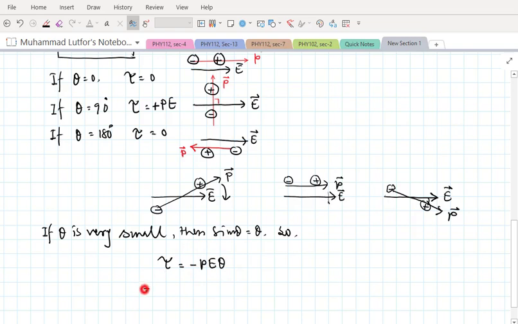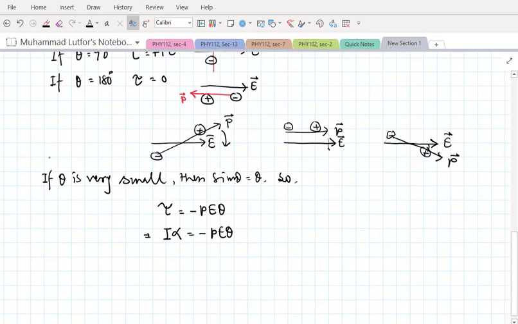And this torque we can also replace by I alpha, where I is the moment of inertia of the system and alpha is the angular acceleration, equal to minus PE theta. We know that from the principle of physics 1, right? Torque would be basically I alpha. Then we can write in one more line.